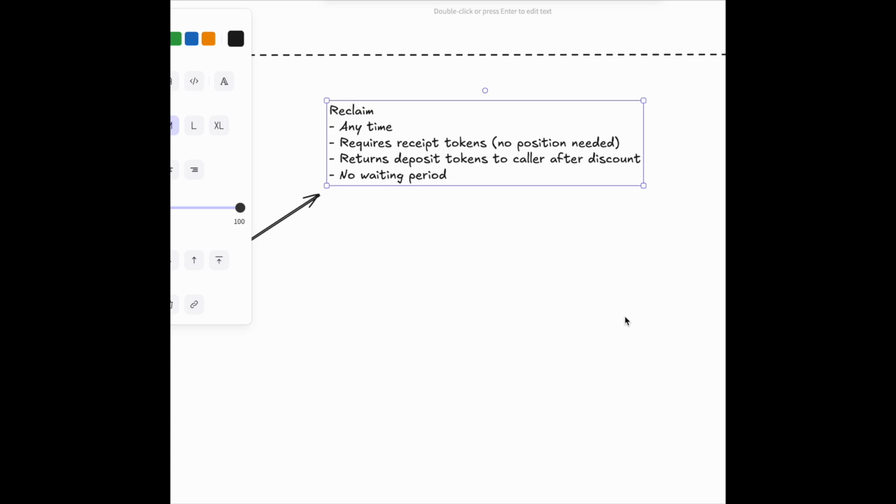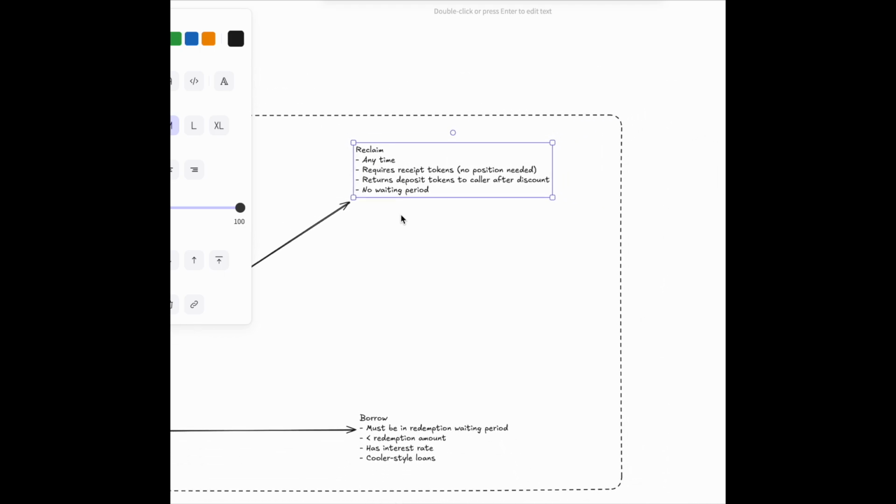Based on what's called the reclaim rate that governance sets, there will be a haircut. I think in the IRC we might have mentioned that it was 90%. So that means that if you deposit 100 USDS, you will get back 90 of that, and 10 will go to the protocol. And that's just a percentage that is applied at the time of reclaim.